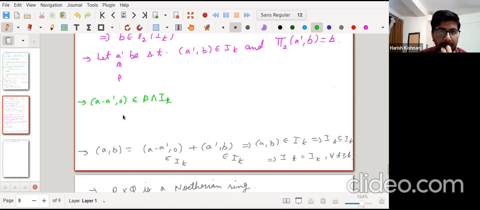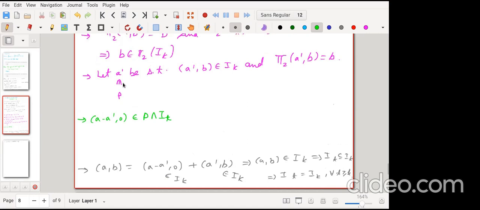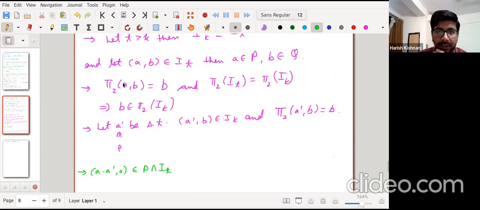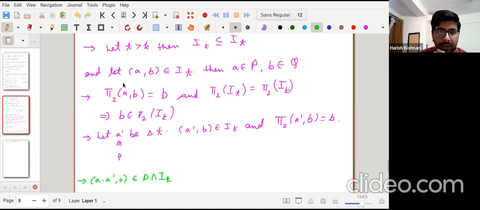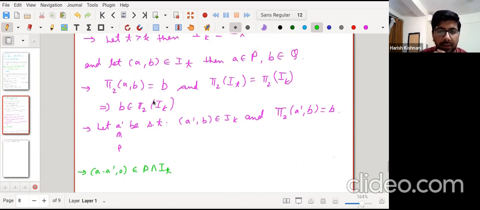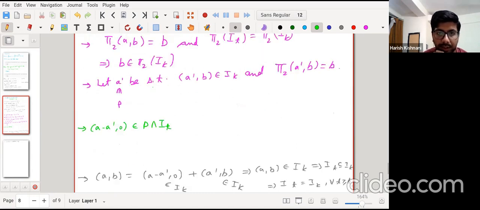right? Yes, sir. Okay, and A dash comma 0 was inside your IT, and A minus 0 is also inside your IT. So this is in the intersection, and this is same as P intersection with IK.